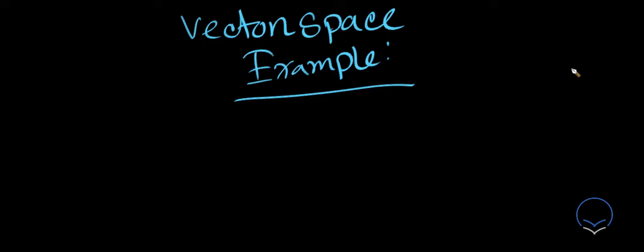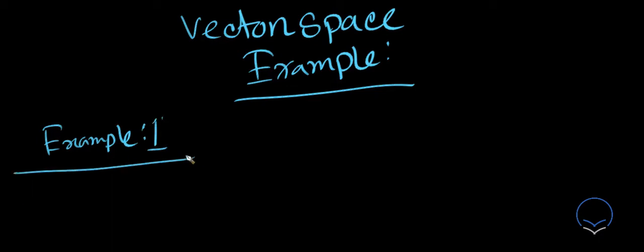So the first thing we need to consider today is our example 1. We want to take the space consisting of the set of arrows that we are familiar with from our course on introductory physics and vector analysis.